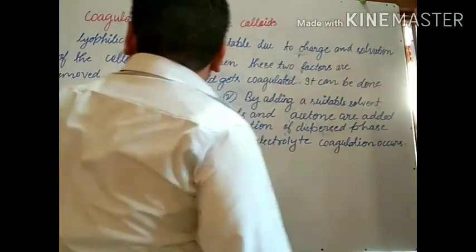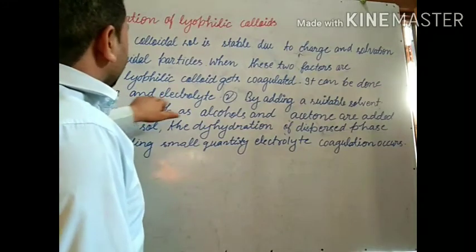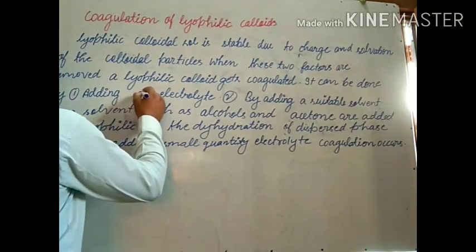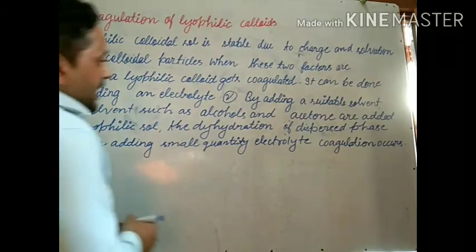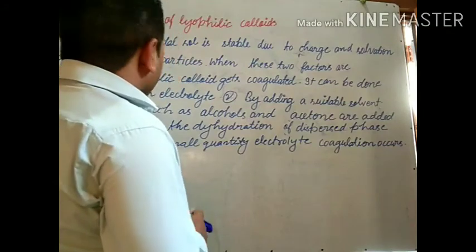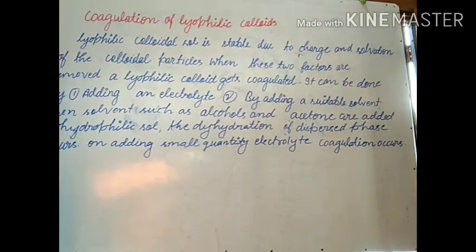It can be removed by adding an electrolyte, and second by adding a suitable solvent. We have already discussed adding an electrolyte. So by adding a solvent, how can we coagulate? Let us see.